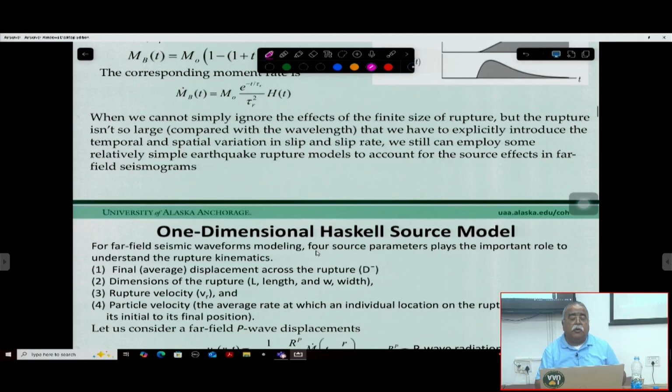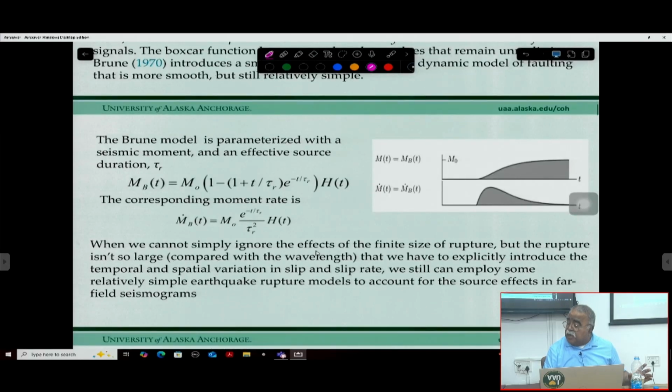You can put your T_R, whatever you feel your rise time is, and your tau_r, and then this is your Heaviside step function, so it is going to be only one. So you can put this as M_B(t), or you can put it as M(t) also. That way you can calculate what the values will be, right?